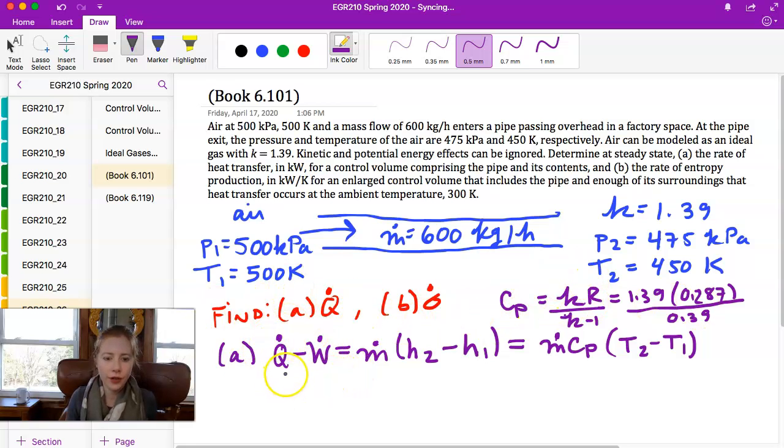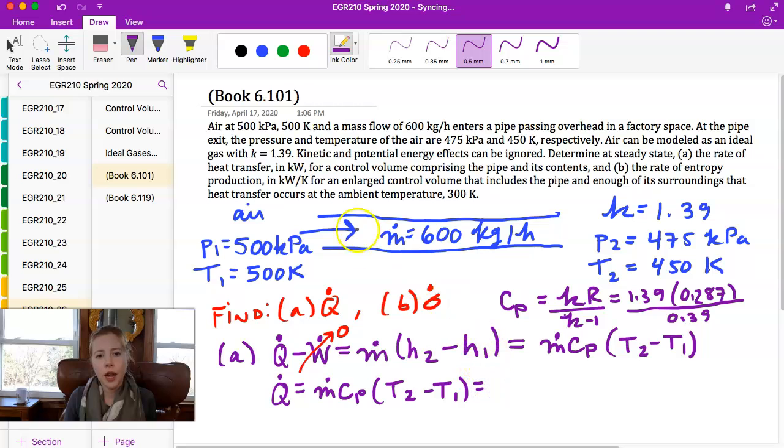And if we are looking for Q dot, oh, one more thing. Okay, we're just having air moving through a pipe. We don't have any work in or out, any power in or out. So Q dot is going to be M dot Cp times (T2 minus T1).